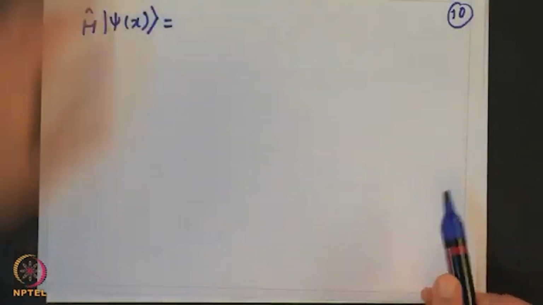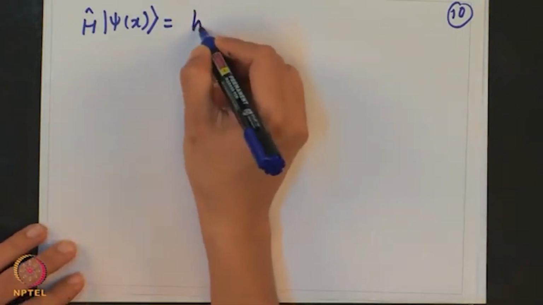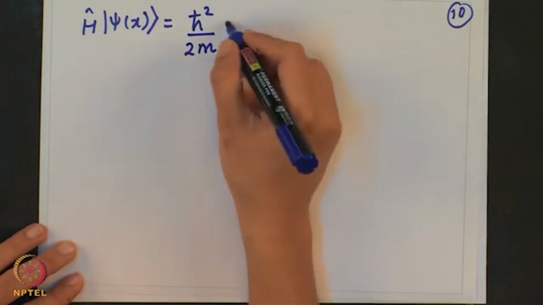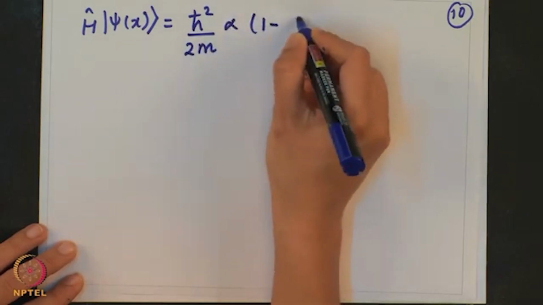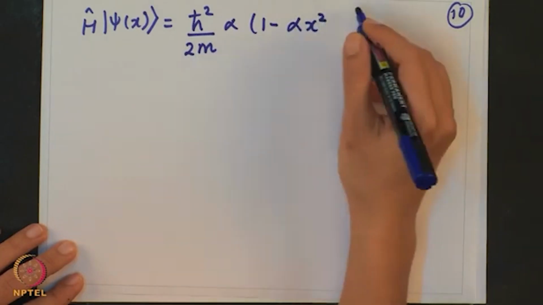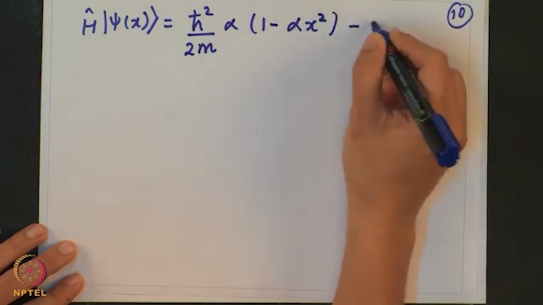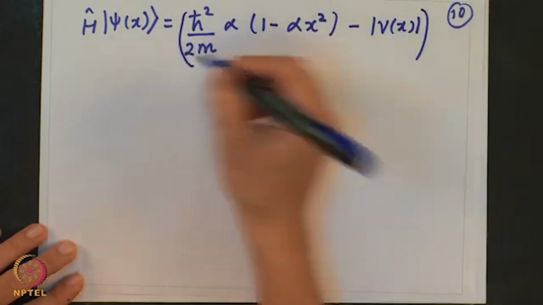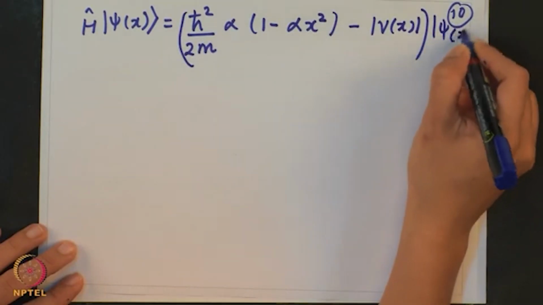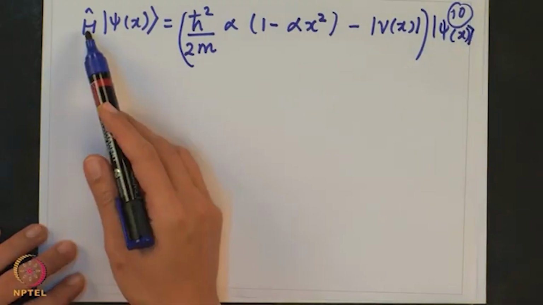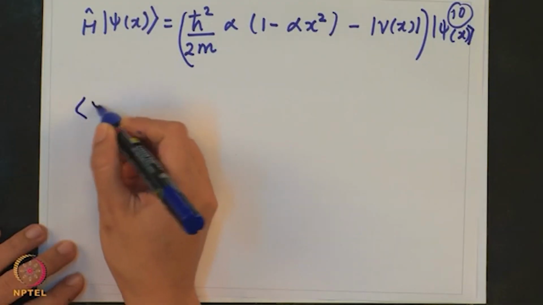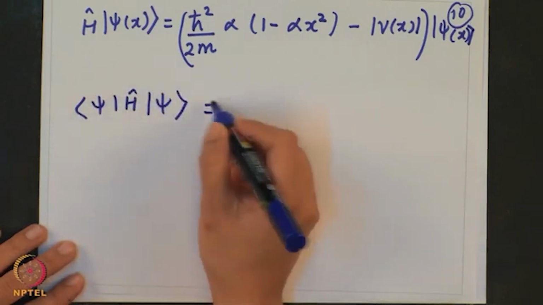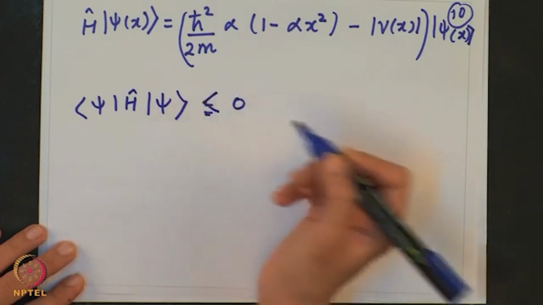So, what you obtain is, I will skip the in between step for you to try out, 1 minus alpha x square minus V of x, and I rewrite it in terms of psi of x. We have to argue that the expectation is less than 0.